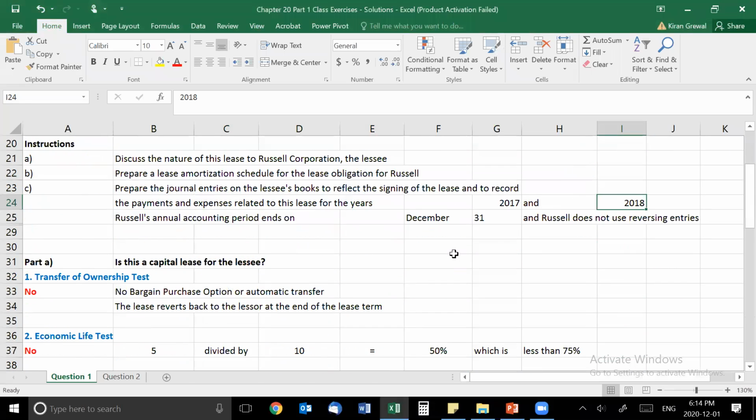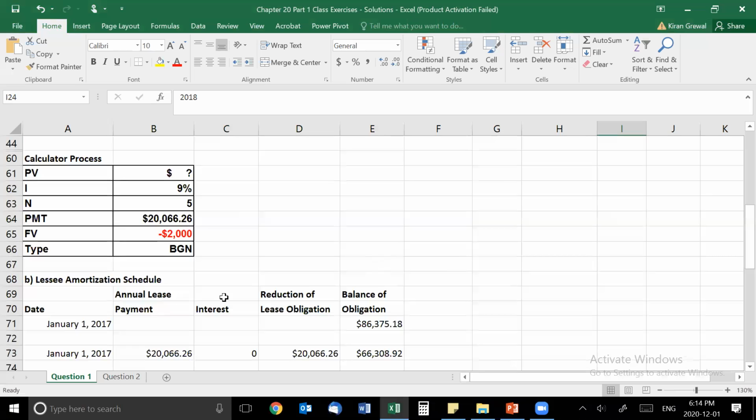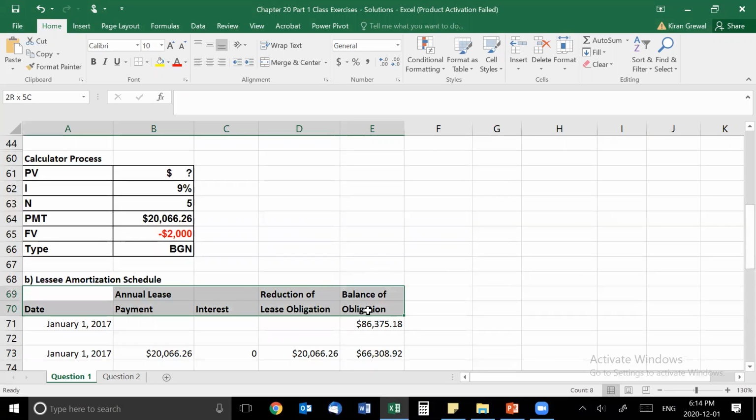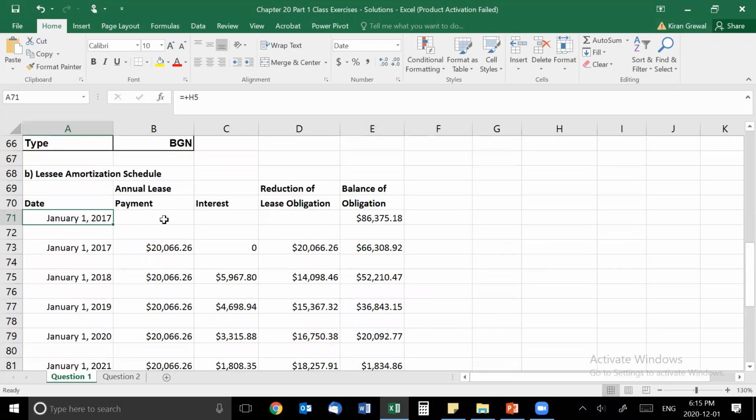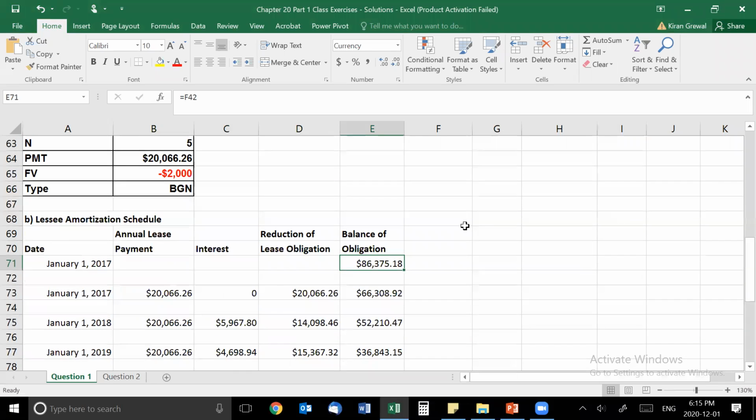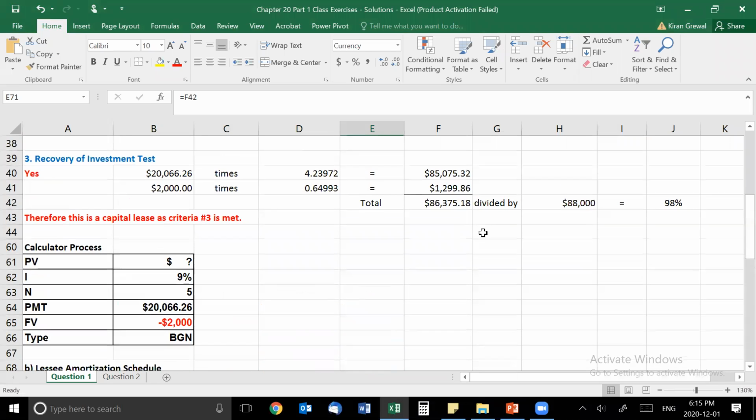So the amortization table. I've done what the amortization should have: date, annual lease payment, interest, reduction of lease liability, balance of obligation. On January 1st, 2017, you start off with the balance of your liability. You can get this from your present value, because your present value is what your liability balance is going to be at the beginning of the lease.